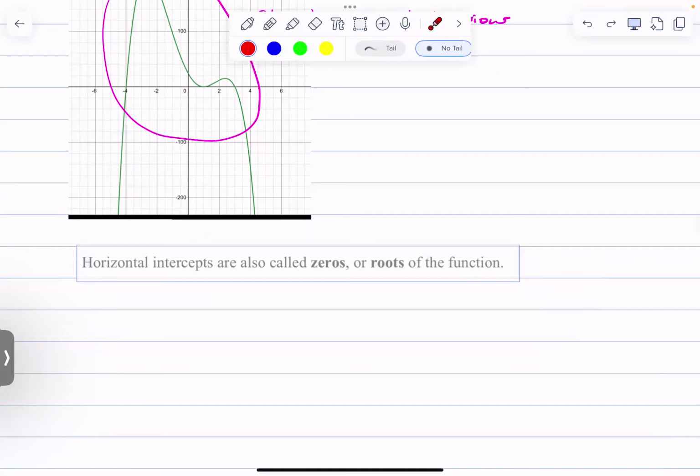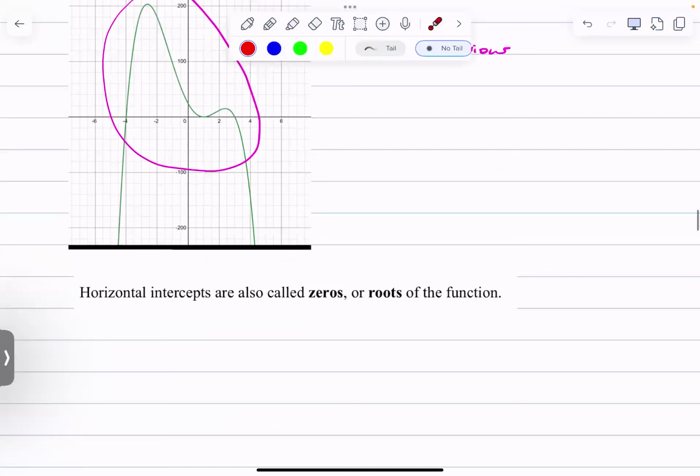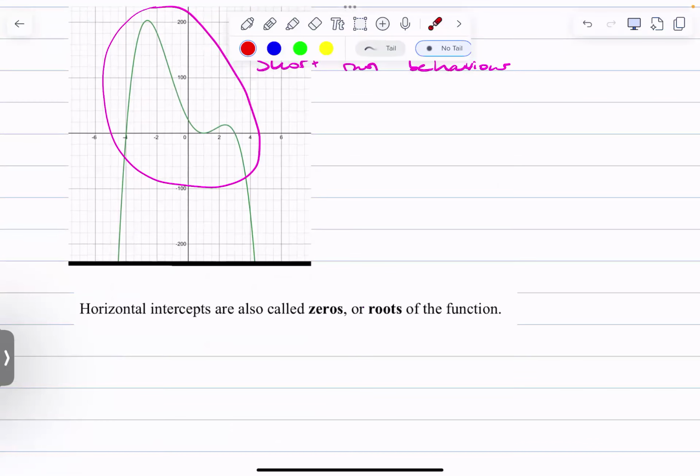Now, horizontal intercepts, we also call them zeros or roots of the function. So you might have heard the term zeros or roots, but those are all horizontal intercepts. In fact, here the horizontal intercepts would be here, here, and here.